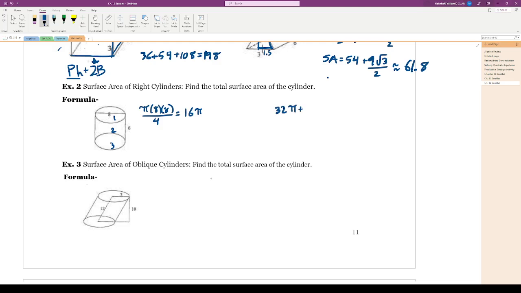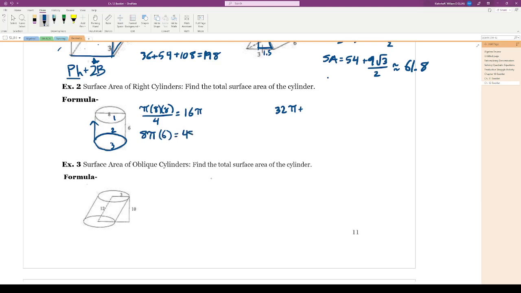And the lateral surface area, there really is no way to think of it other than this circle extruded into the 3rd dimension to make this wall around the cylinder. So it's going to be 2 pi r, or pi d, so that's 8 pi, times the height of the cylinder, which is 6.